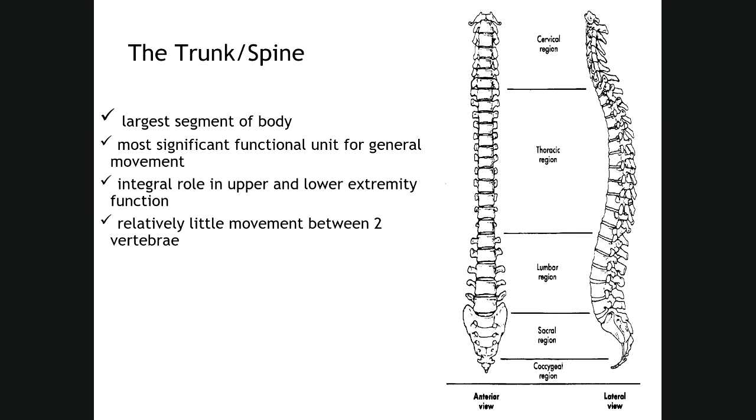It plays an integral role in upper extremity and lower extremity function. And there's very little movement between two vertebrae, one on top of the other, so isolation of one over the other might not be possible for most of the spine. Maybe in the upper cervical we can move the segments, but if we go any lower, there's not really much movement between two vertebrae.